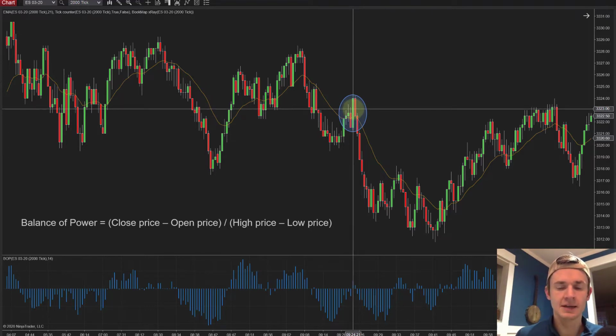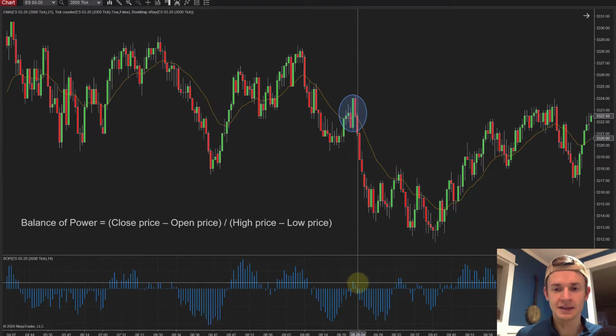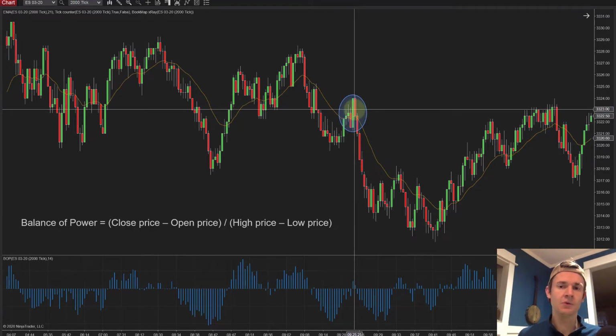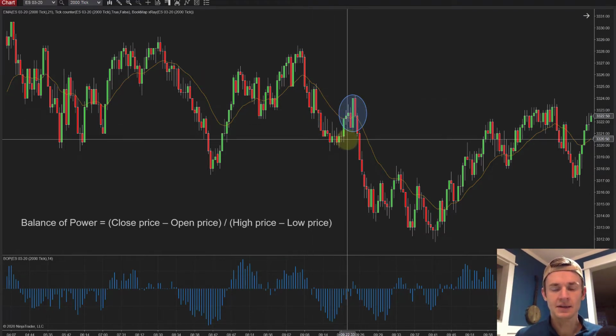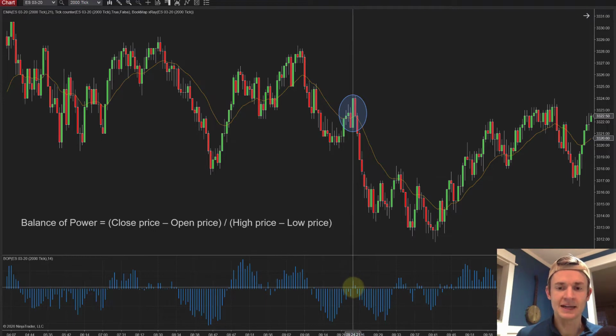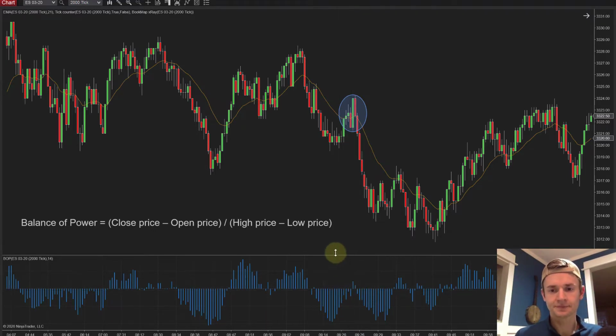You get really weak buyers above here, and then it immediately goes back. So if you're looking for that pullback as an area to possibly get in on this new downtrend, the balance of power may make you feel all right that the buying there was pretty weak according to the indicator.